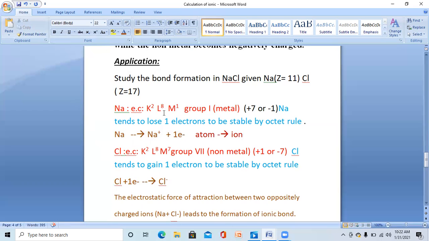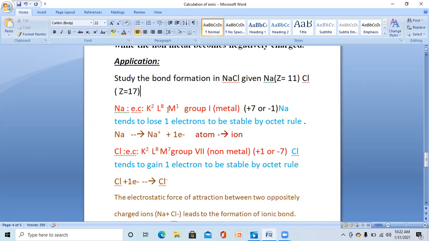It is K2, L8, M1. In a neutral atom, number of electrons is equal to the number of protons and it is equal to the atomic number Z, which is 11. So the electron configuration for sodium atom is K2, L8, M1.